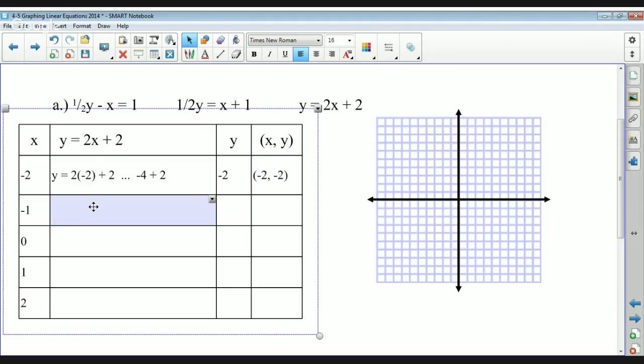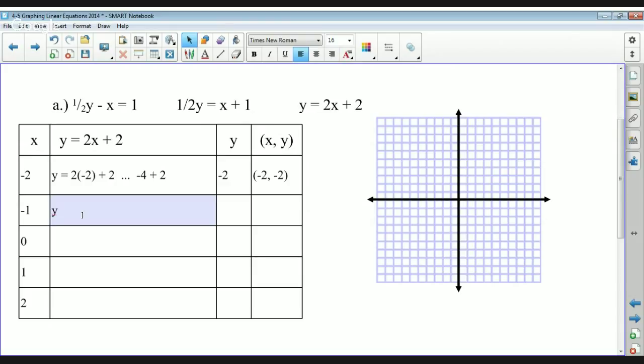We go down and do this all over again. So y equals 2 now times negative 1 as I change my x value, plus 2. 2 times negative 1 is negative 2 plus 2 is now what y is equal to, and I know that negative 2 plus 2 is 0. So my ordered pair is negative 1, my x value I chose, and 0, my solution.